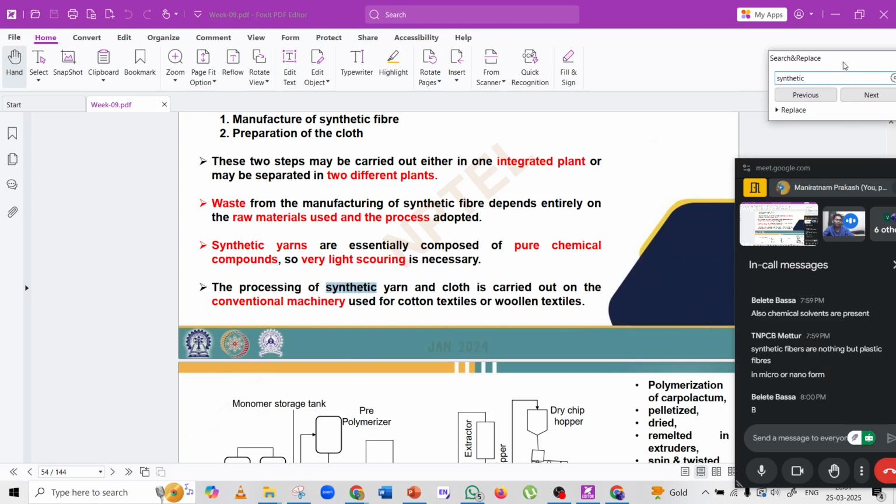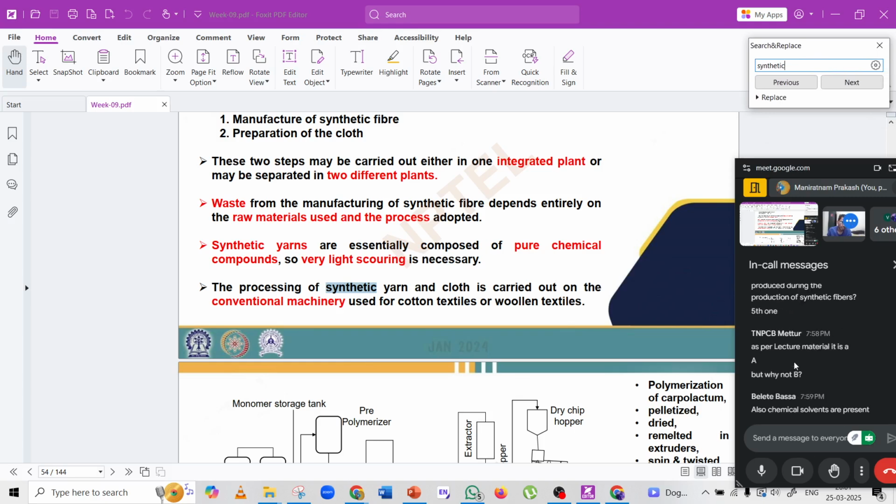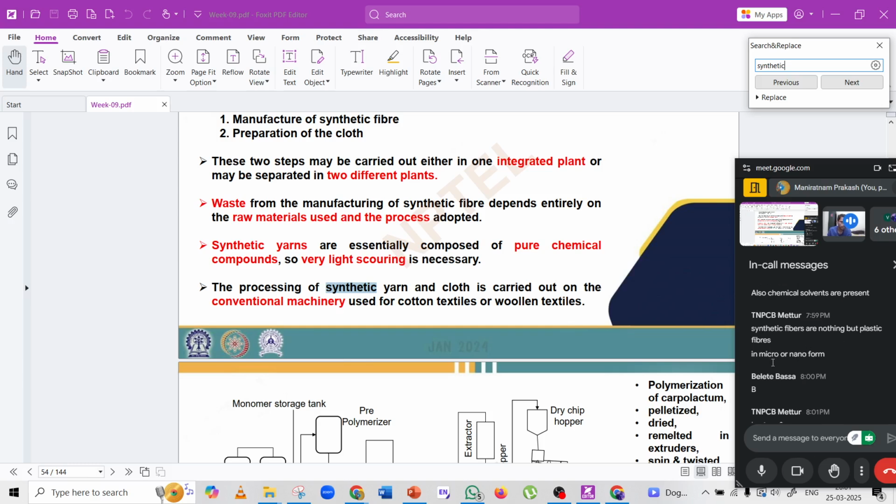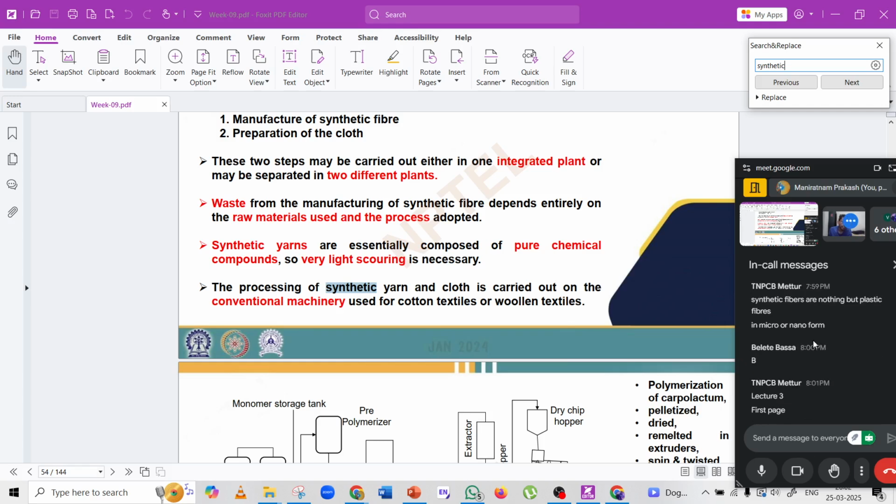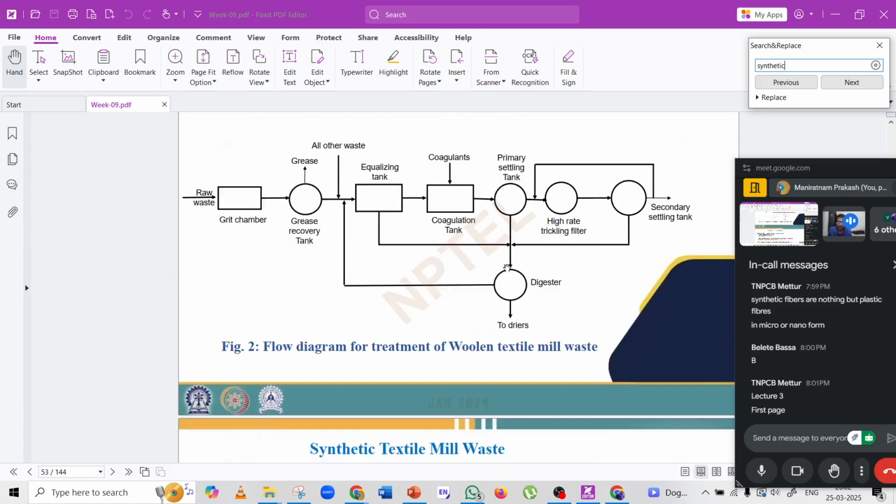From which slide did you see that it will be A? Synthetic fibers are nothing but the synthetic. Yes, you are correct. It will be in the form of micro or nano form. First, tell me where did you see that A should be the answer? I don't think anywhere it is written for synthetic one.